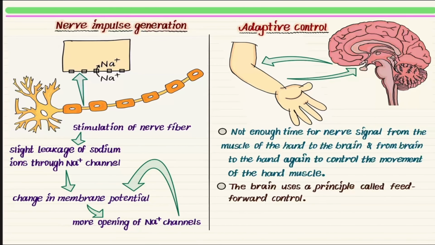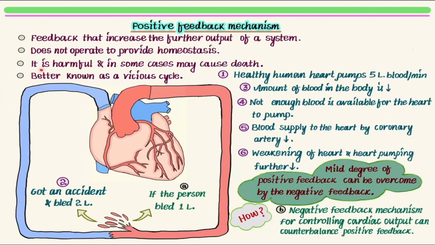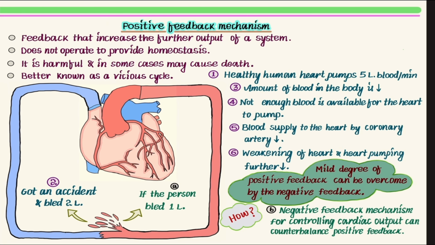I have talked about this in previous pictures. Okay, in this picture, the positive feedback mechanism is harmful and it is a vicious cycle. Now here, one can ask the question, if the positive feedback is a vicious cycle, then how will the positive feedback be useful in some cases?